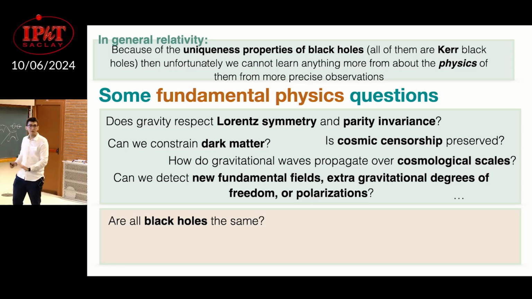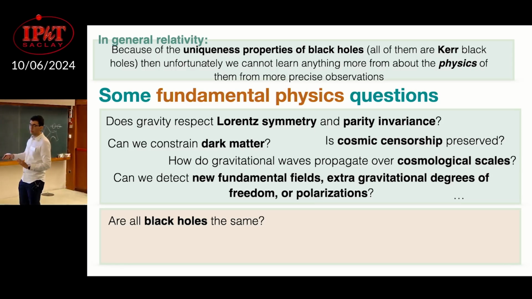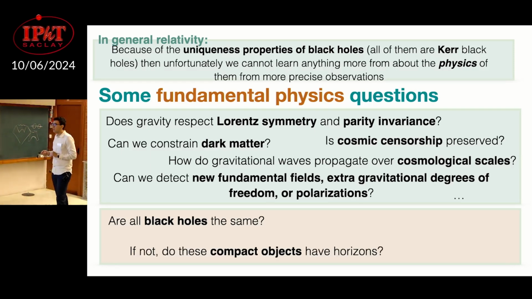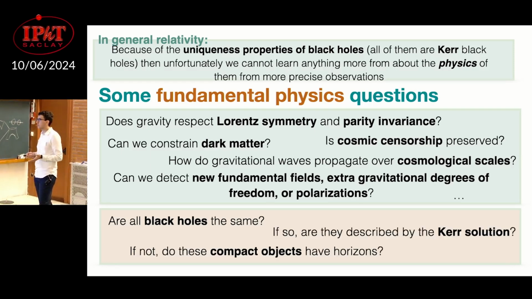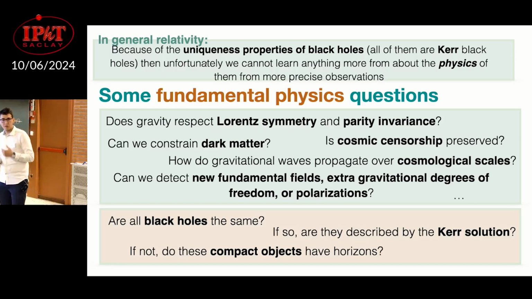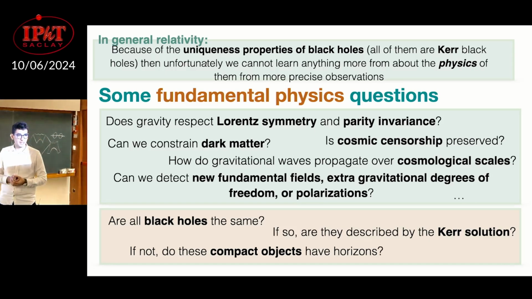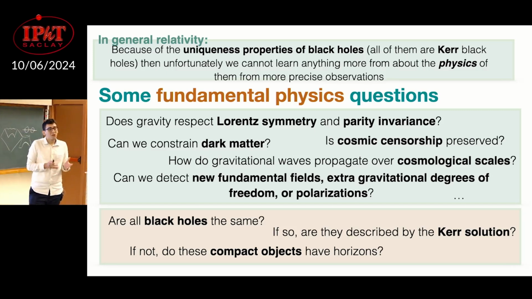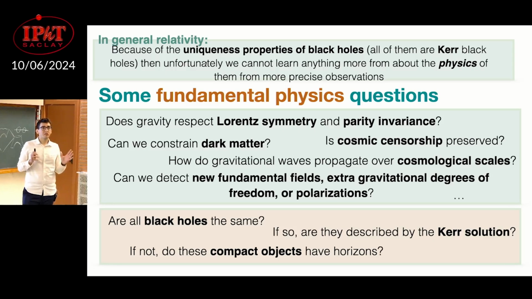But from now on, I can just focus on these simple questions: are all black holes the same? Do they have horizons? And are they described by the Kerr solution in particular? So I'm going to focus on these sorts of null tests, in particular because of what Daniel also mentioned: for many metrics in our theories of gravity, you don't even need to have a theory.